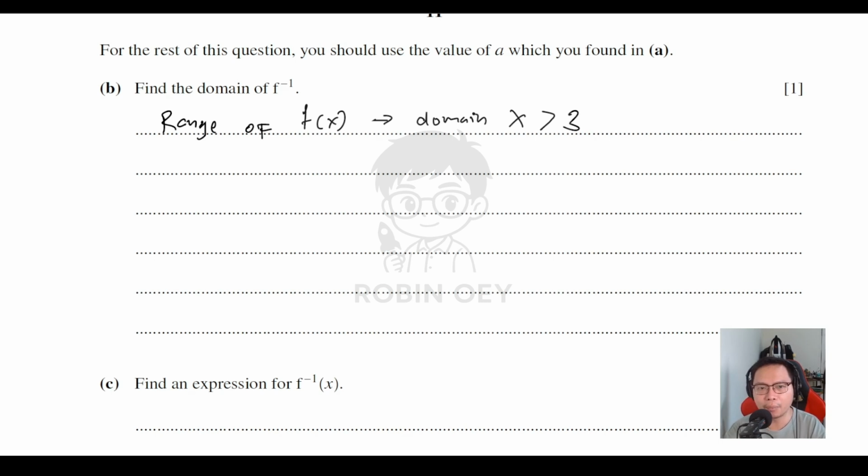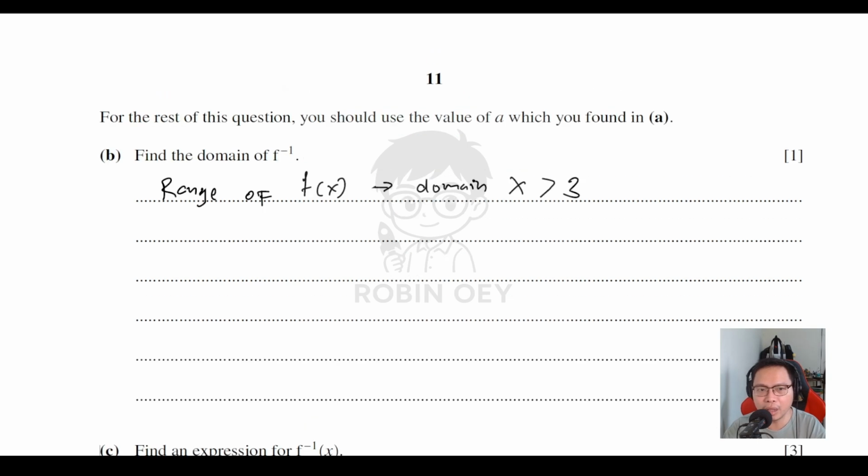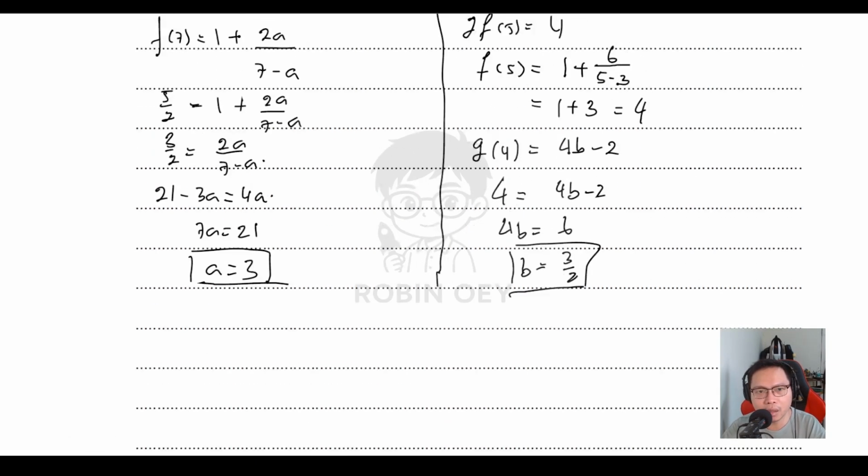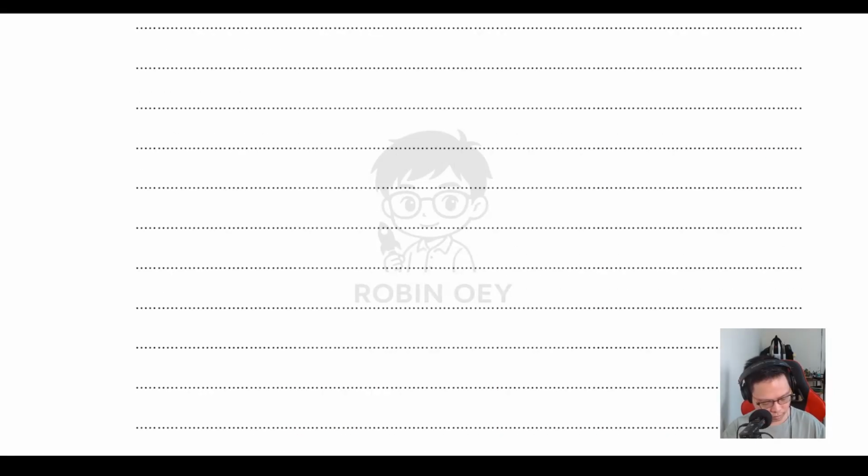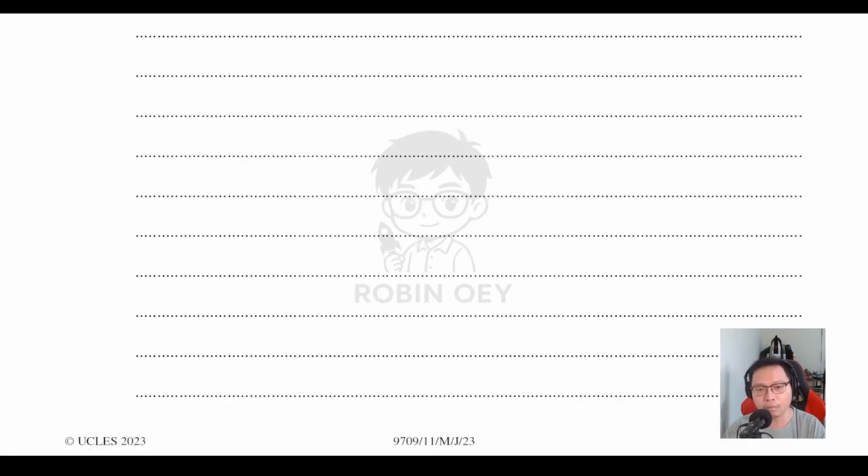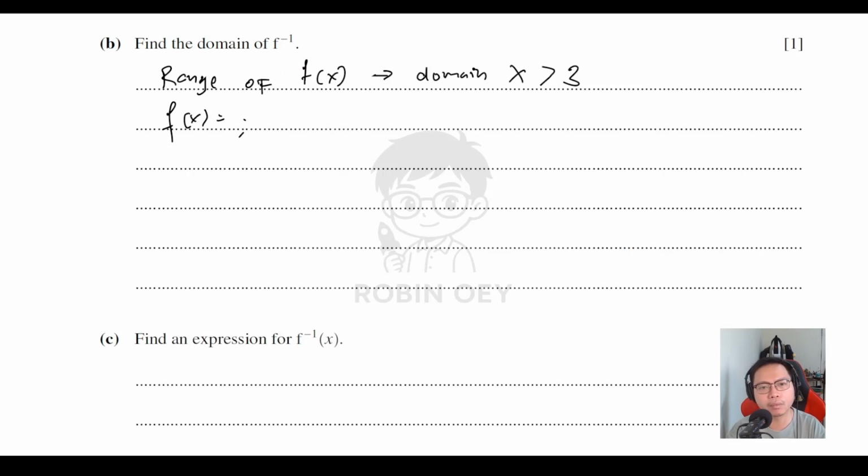Now, back to the function f of x. Let me rewrite that: it would be 1 plus 6 over (x minus 3).